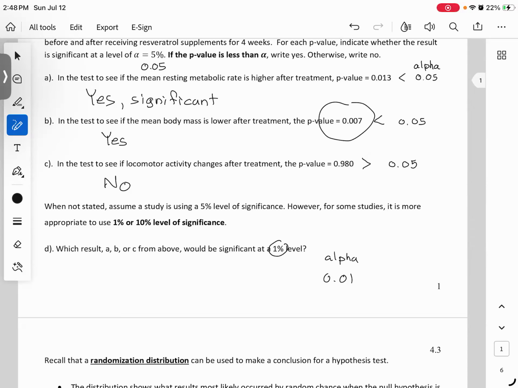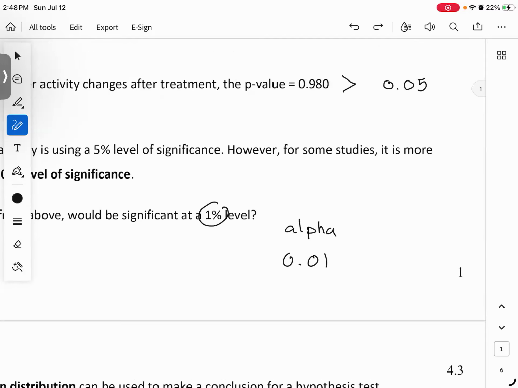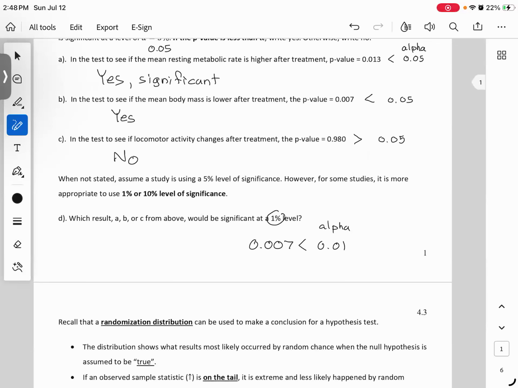Yeah, 0.007 is a very, very small number. So the p-value of 0.007 is smaller than 0.01. So B would be the result that shows the strongest evidence that it was significant.